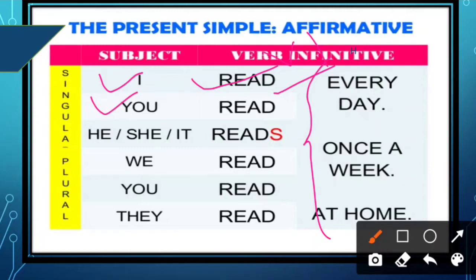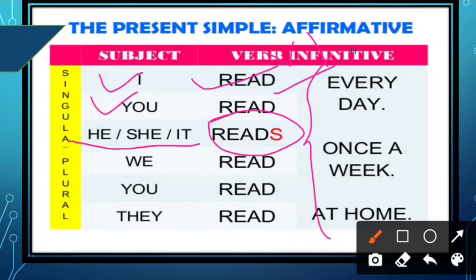But in singular, here you can see in the third person, he, she, it, the only change is that at the end of the verb, we will have to add either s or es. Now, when s and when es?